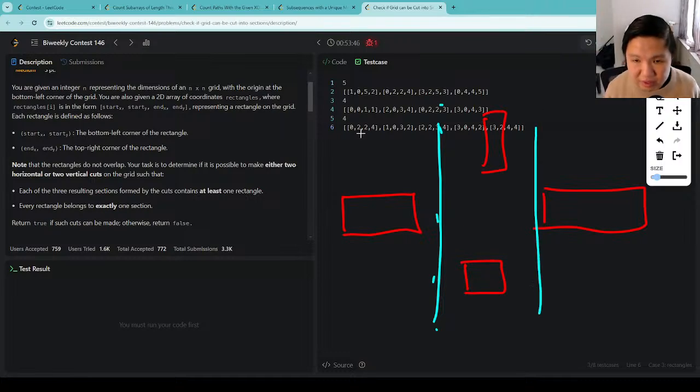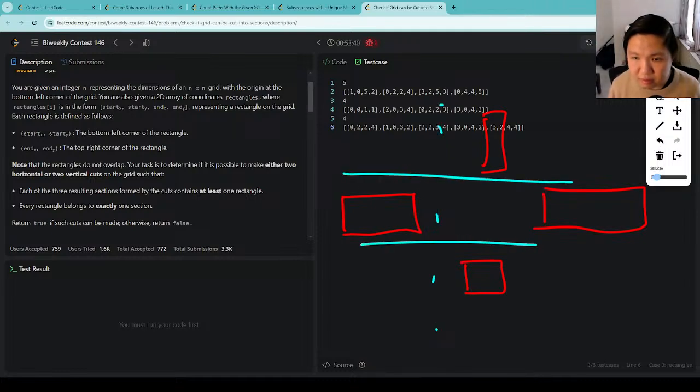So this will be vertically, or horizontally will be like this, such that every rectangle belongs to exactly one section. The cuts cannot overlap, and every section has at least one rectangle. So you cannot have no rectangles in a section. You cannot cut like this. Yeah, that would be cheating.